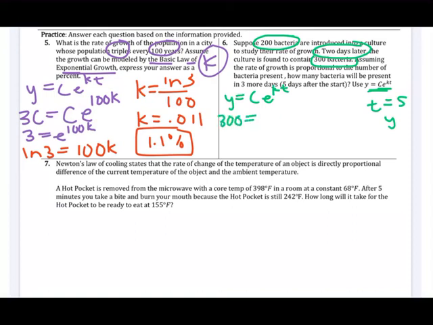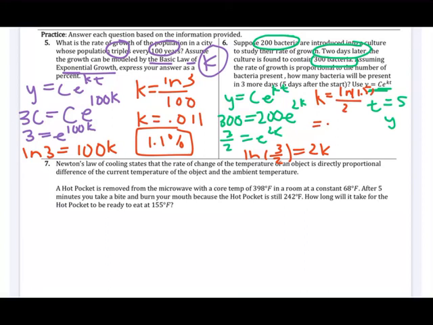So 300 equals 200 e to the 2k. So after 2 days, this is where our numbers are. So this is going to be 3 over 2 equals e to the 2k. I'm going to natural log both sides. And then divide that by 2. So k equals natural log of 1.5 divided by 2, which is going to give us 0.2027.